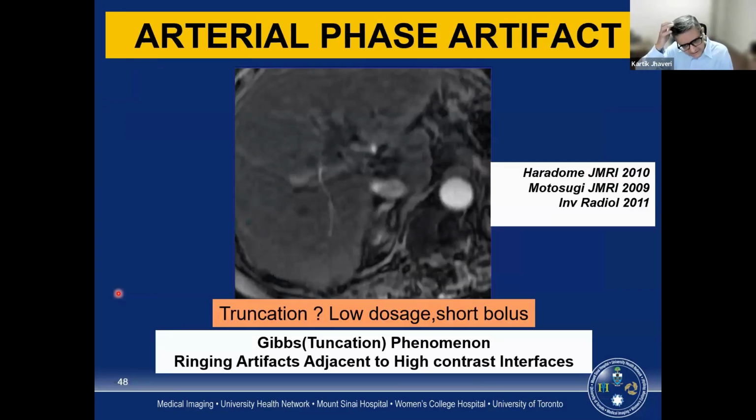An additional issue that has been described with this particular contrast agent is the truncation artifact or Gibbs phenomenon, which was postulated to be due to a small bolus of contrast passing at rapid speeds through the aorta, causing ringing artifacts.